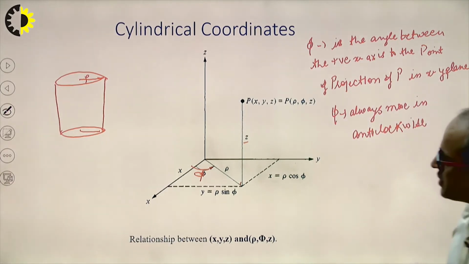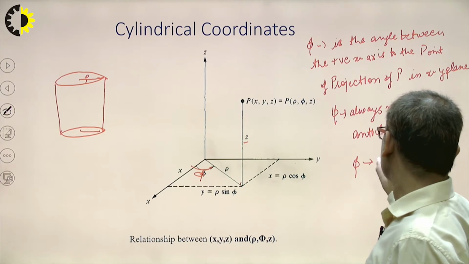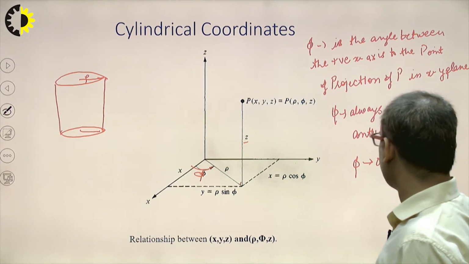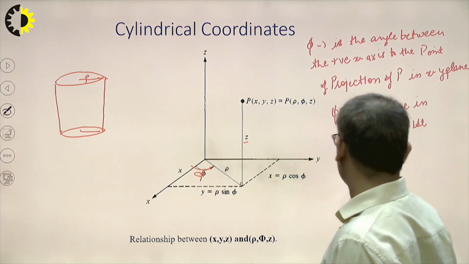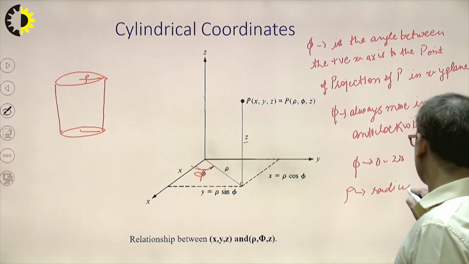So to make a cylinder, this phi ranges from 0 to 2 pi, and this rho is the radius of the cylinder.